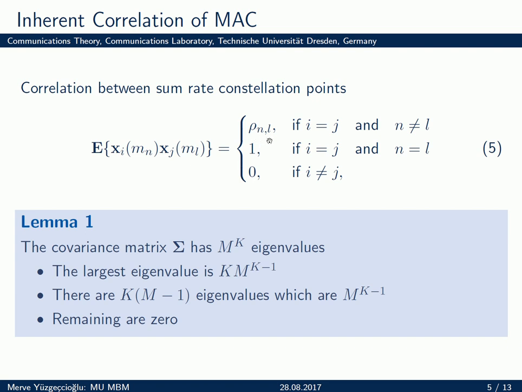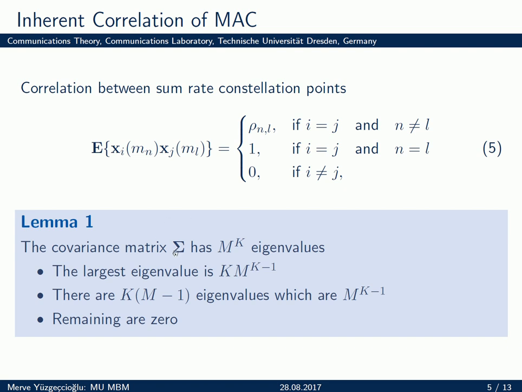As you can see here, even though we choose rho as 0, there will be some entries with the value of 1. But this covariance matrix has a certain structure, and the eigenvalues of the covariance matrix can be summarized as follows.